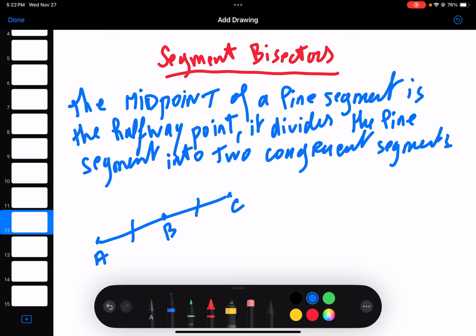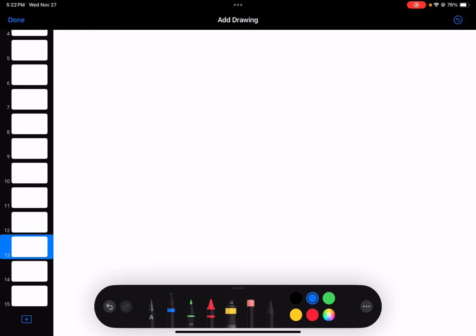Okay, a segment bisector is a line, ray, segment, or plane that passes through a segment at its midpoint.